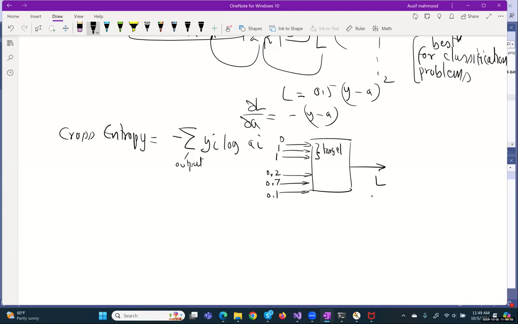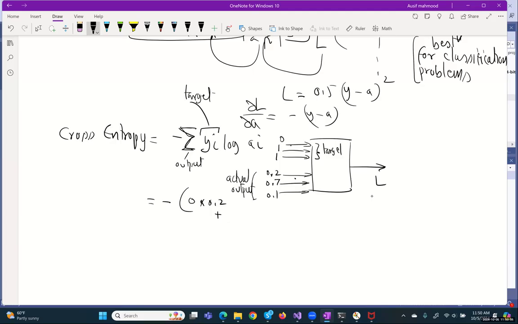So the loss will sum over all the outputs. You can see there are 3 outputs. So for the first one, y is, remember, our target. This will become minus 0 times the corresponding actual output, which is 0.2, right? Plus, this symbol in math means we are summing it.